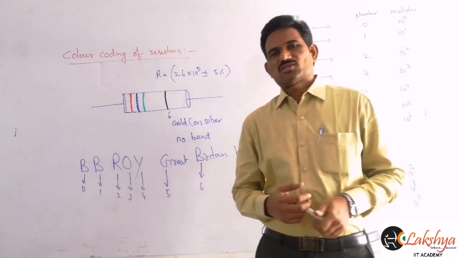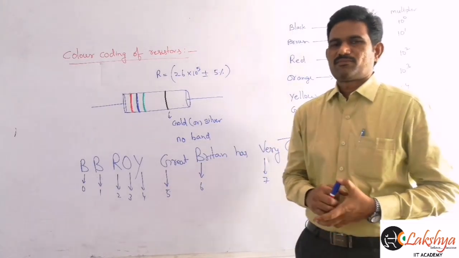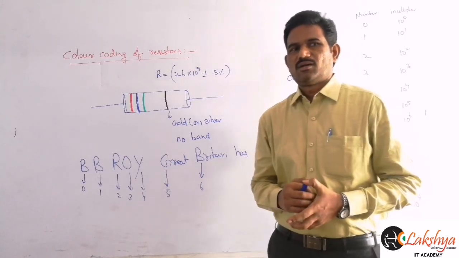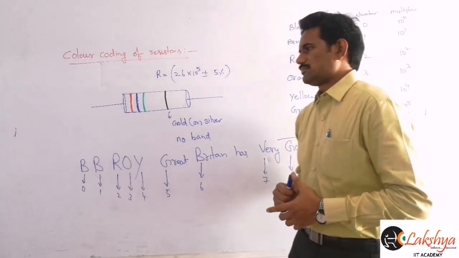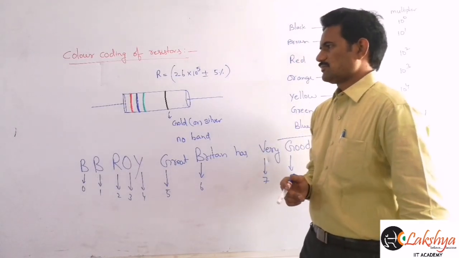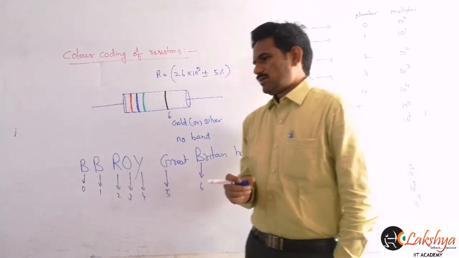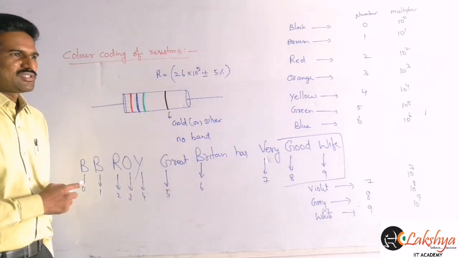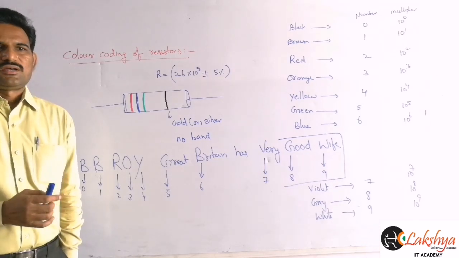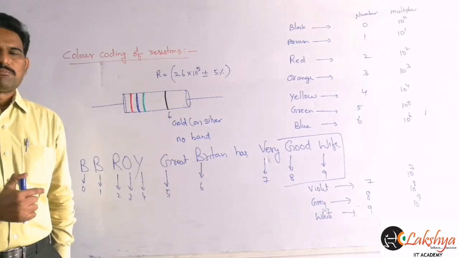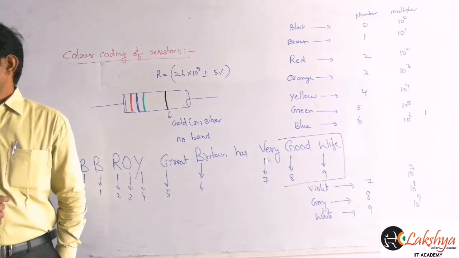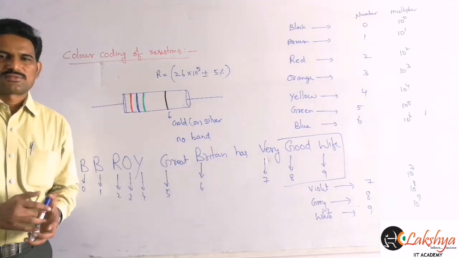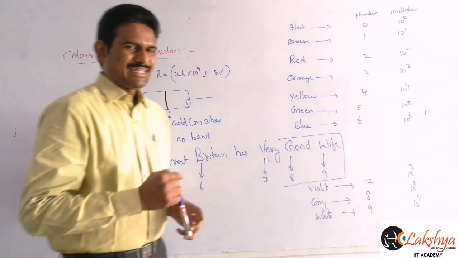The third band represents the multiplier, that is, the 10 power value.